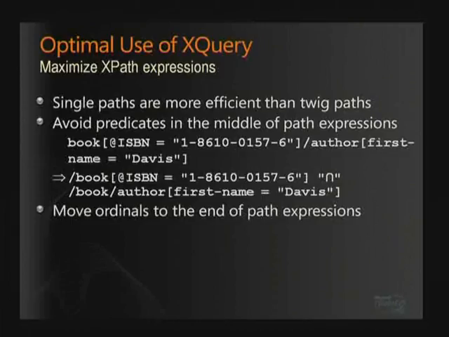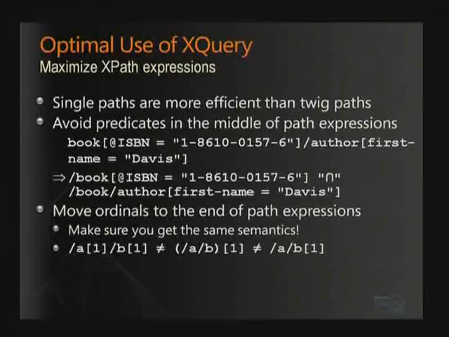Another thing is that you might want to move the ordinals that you have inside your path expressions towards the end of your path. However, you have to make sure that you get the same semantics. So if you have /A[1]/B[1], you could rewrite it as (/A/B)[1] if the semantics is the same. It might not be the same. And never forget to put the parentheses around your path.